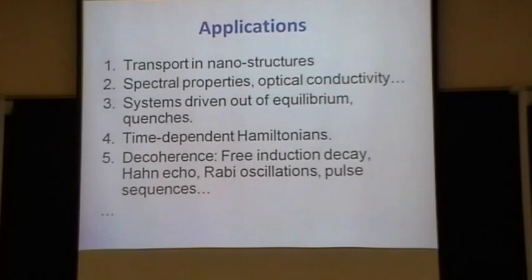And then we can drive systems out of equilibrium. We can apply quenches. We can bias the system to study transport. We can apply time-dependent Hamiltonians. For instance, we can apply a Hamiltonian that is oscillating in time and look at the response of the system as a function of the frequency of these oscillations.